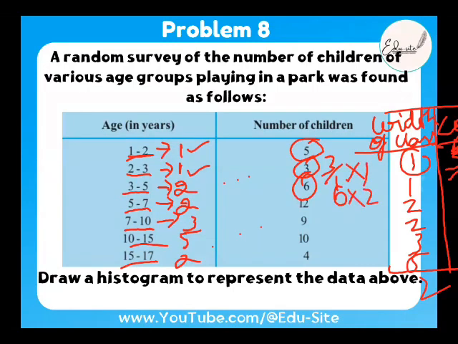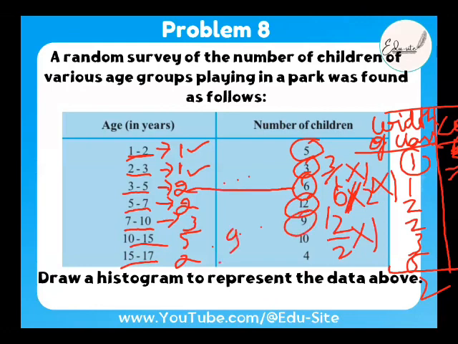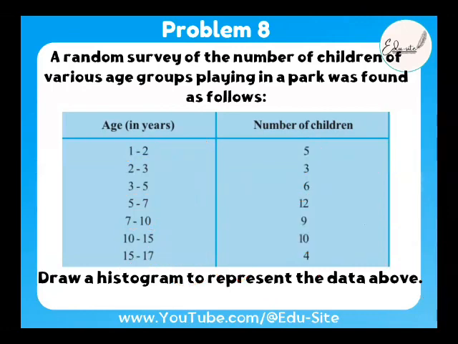You will look at its class interval. 6 divided by 2 multiplied by 1. Next 12 divided by 2 multiplied by 1. Next 9 divided by 3 multiplied by 1. 10 divided by 5 multiplied by 1. 4 divided by 2 multiplied by 1, and you will get the length of rectangles. Correct, Laiba? Yes.